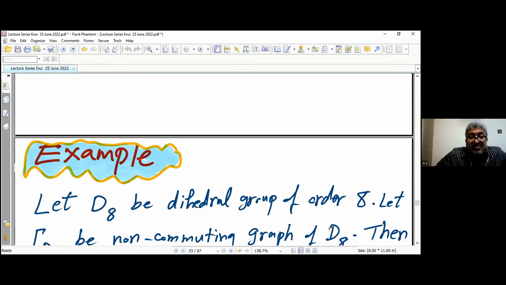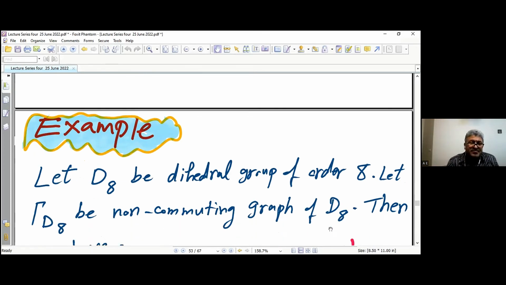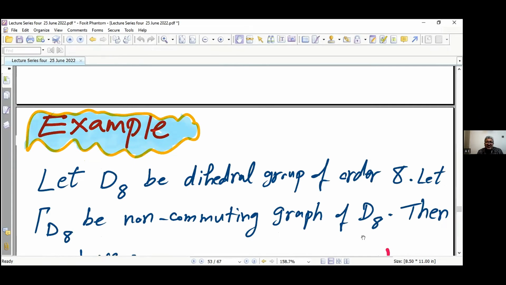Suppose that D8 is the dihedral group of order 8, and gamma D8 is the non-commuting graph of D8. This is an example of one algebraic graph, so we may have the same thing for other algebraic graphs.